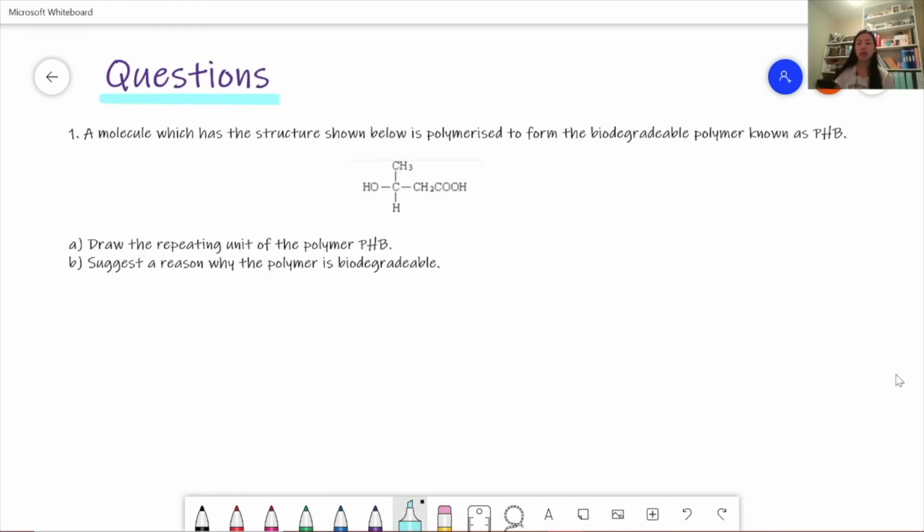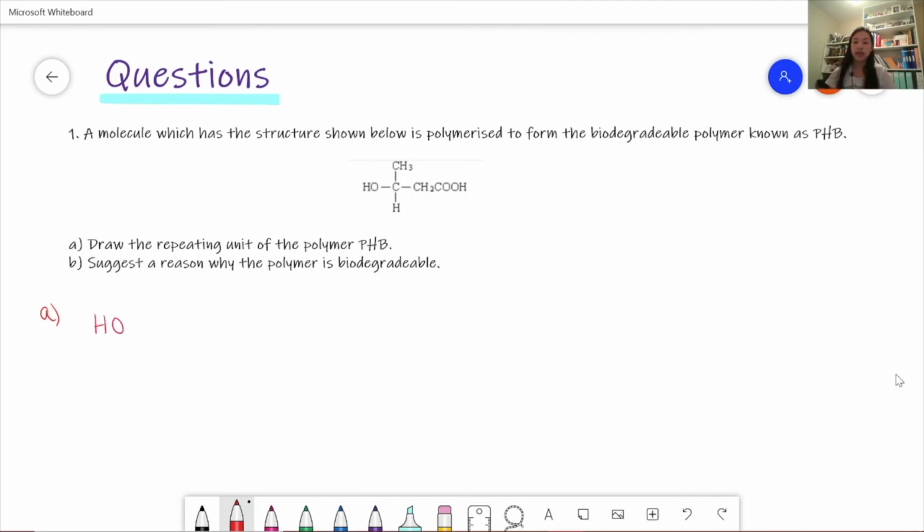So for question 1, a molecule which has the structure shown below is polymerized to form the biodegradable polymer known as PHB. For A, draw the repeating unit of the polymer PHB. So what we do is, to make it easier, we draw 2 of these molecules so we can see how the condensation polymer is formed.